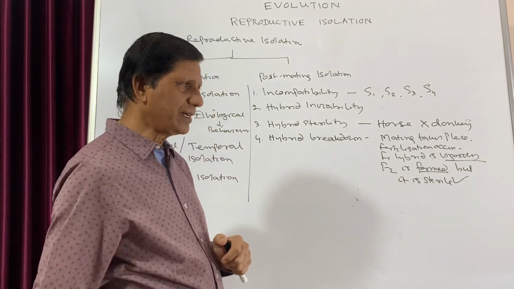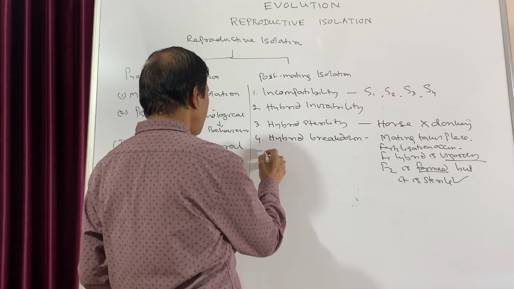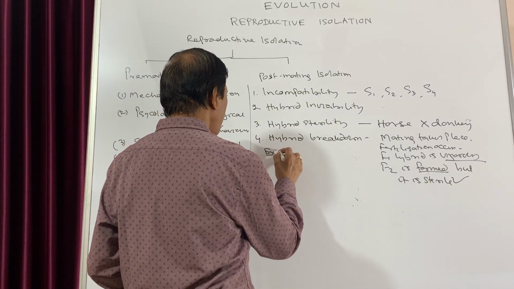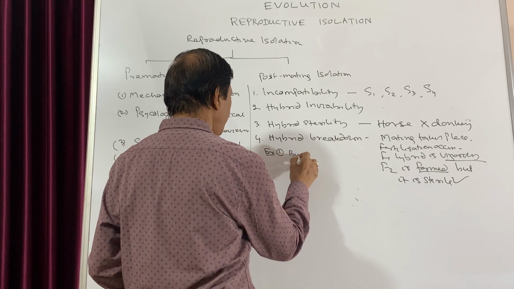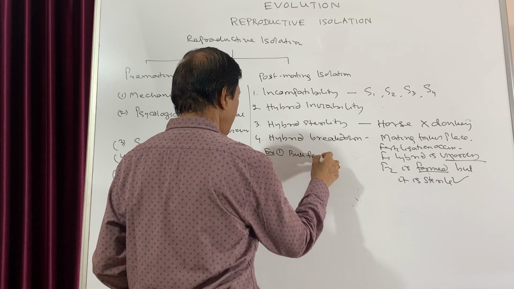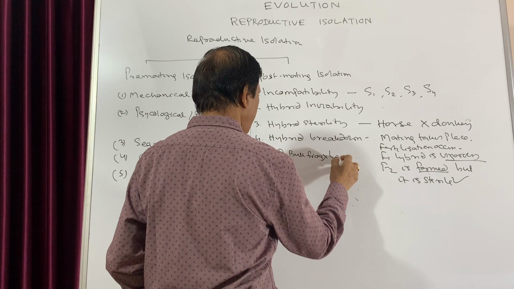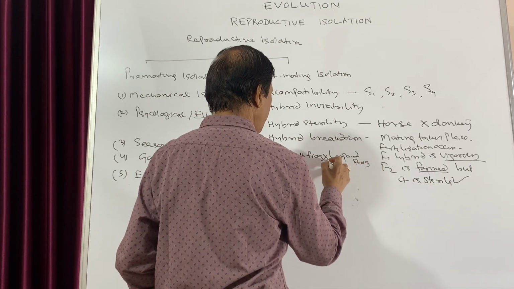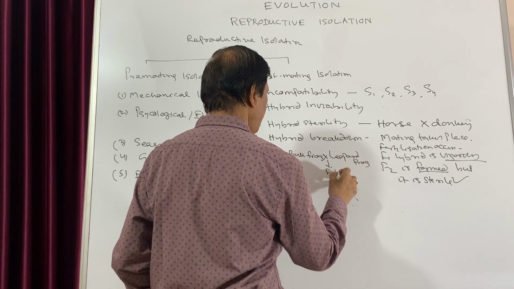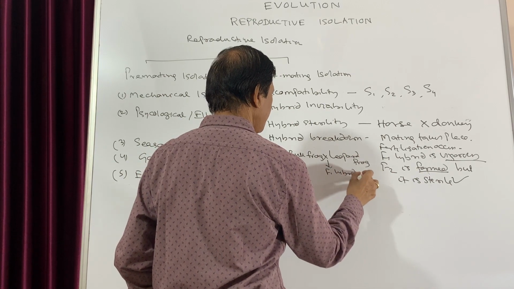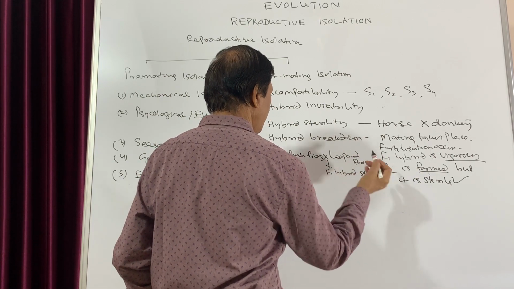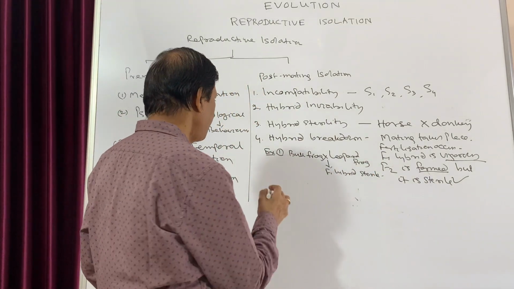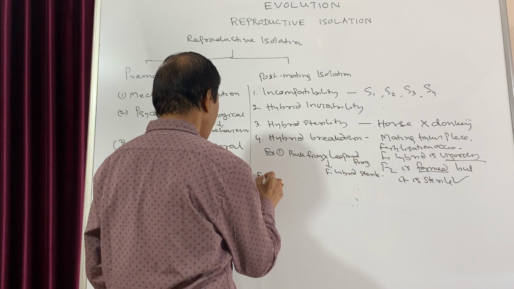So what are the common examples? One example we can take is the bullfrog and leopard frog, where the F1 hybrid is sterile. Now let us give a second example.